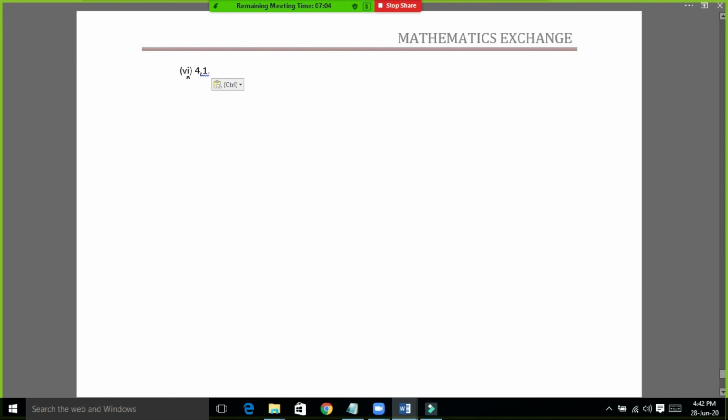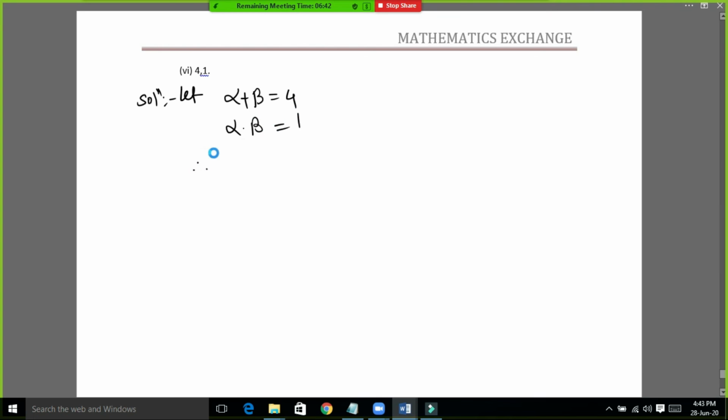So the sixth question is: given the zeros are 4 and 1, the sum of zeros is 4 and the product of zeros is 1. So let alpha plus beta be equal to 4 and alpha into beta be equal to 1.